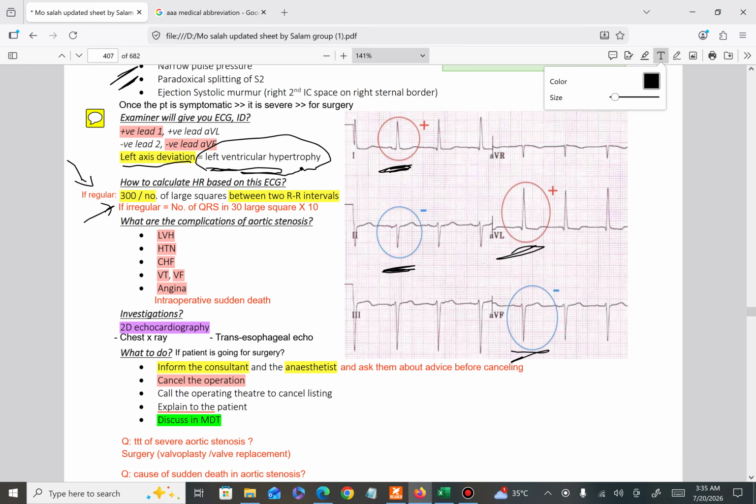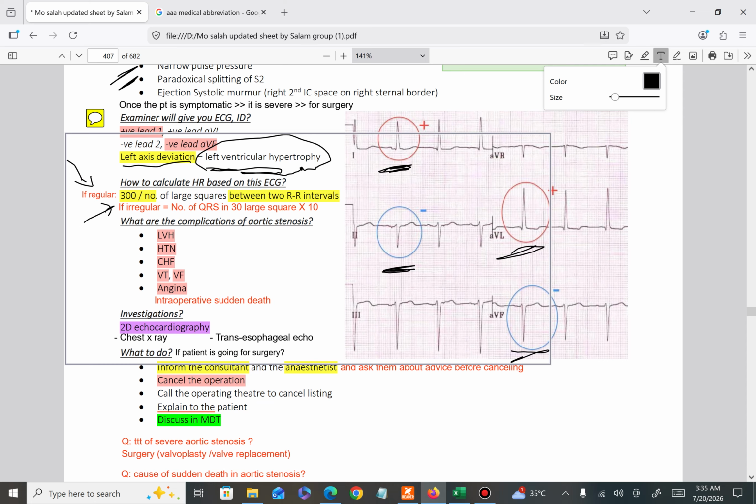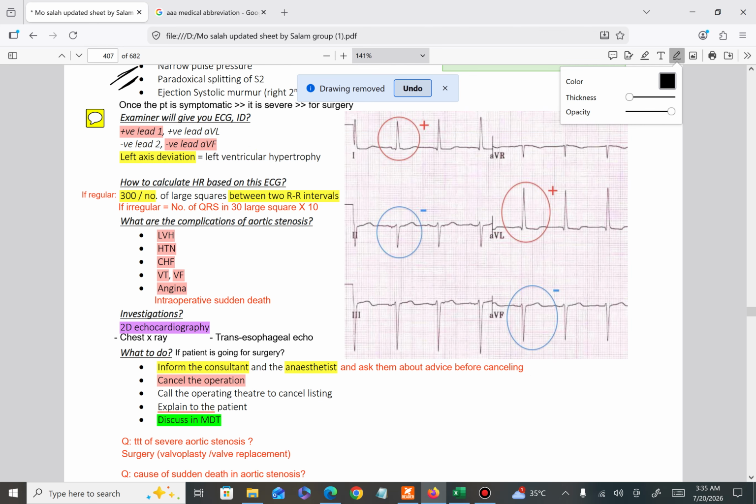But if the rhythm is irregular, then we will count the number of QRS complexes in 30 large squares and then multiply by 10. So this is how we can calculate the heart rate.